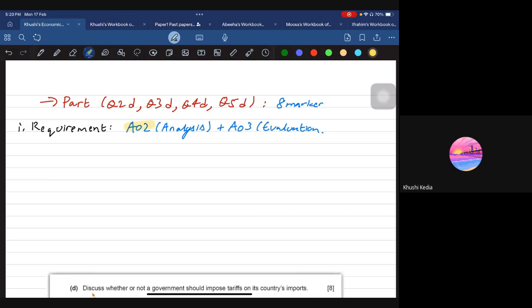Knowledge won't be there explicitly, it is automatic, but mostly you will be marked on the basis of this.